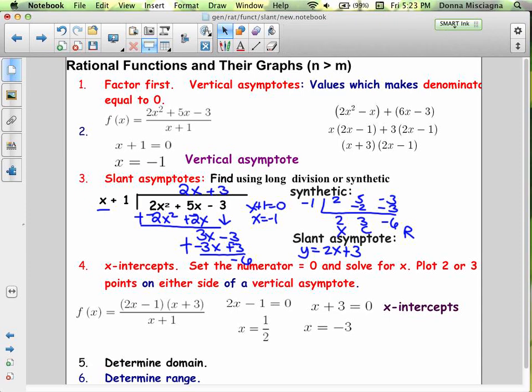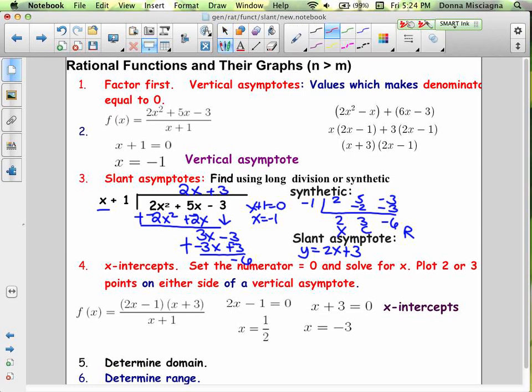We have 2 x-intercepts. We set those factors in the numerator equal to 0. So we have an x-intercept at negative 3 and 1/2. That is 2 of our points. We could also find our y-intercept. Let's do it right here.